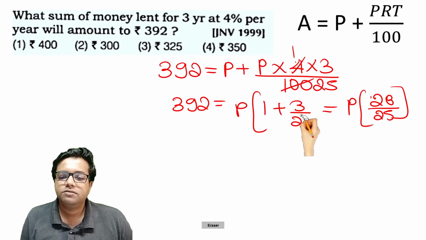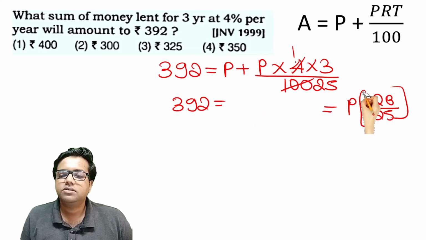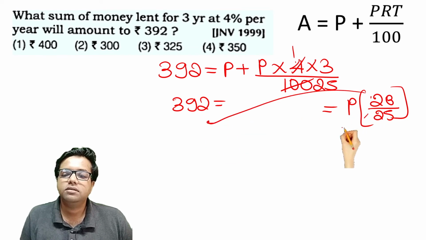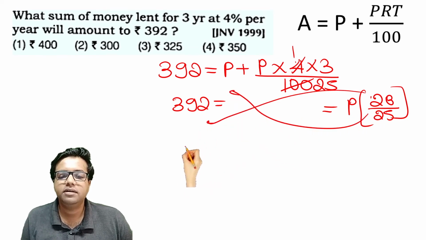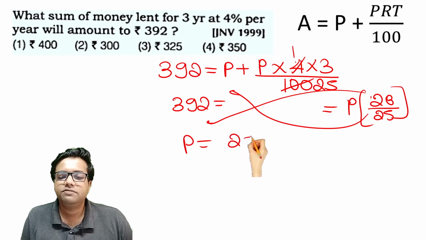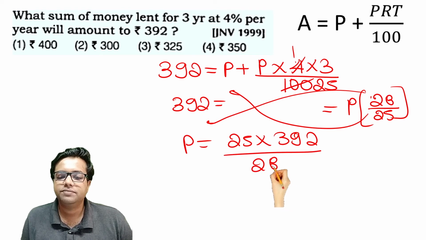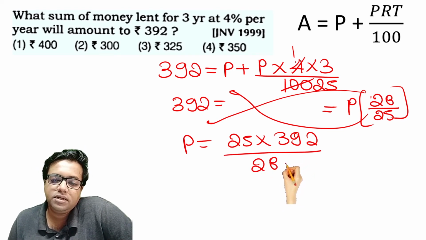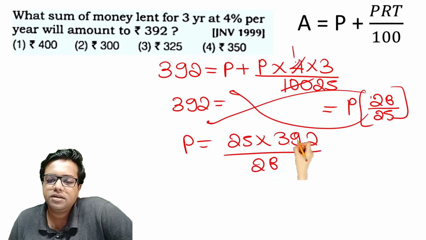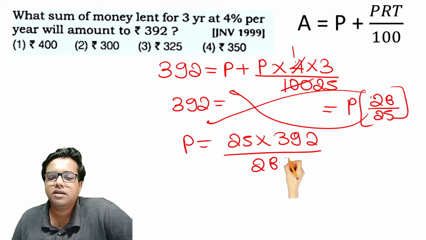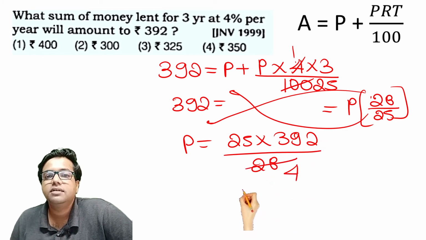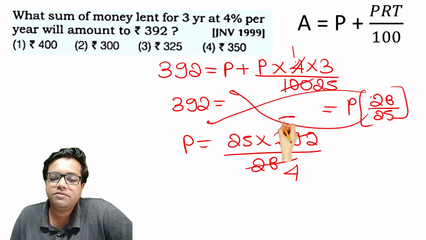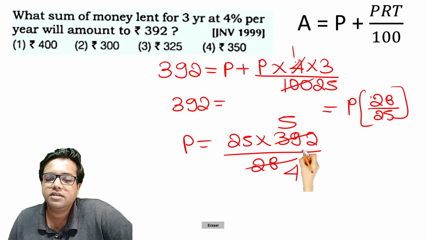And after this, what will happen? This 28 will go down, this 25 will go up, but gets multiplied. So therefore P is equal to 25 into 392 divided by 28. Can we take away these values with the help of 7? 7 4s are 28. 7 5s are 35.